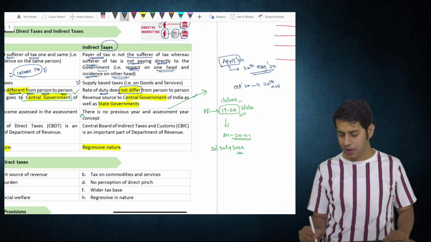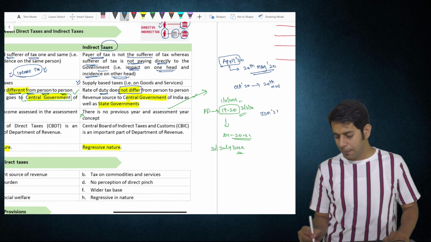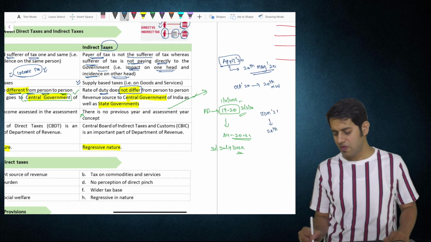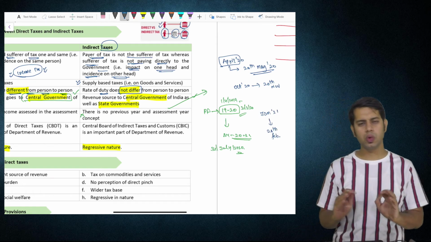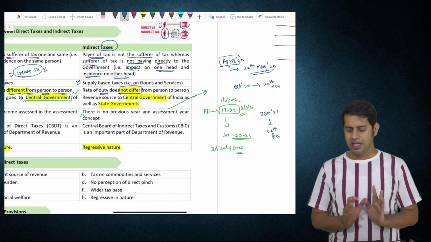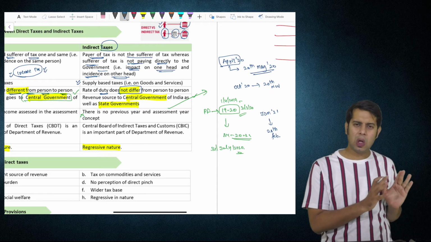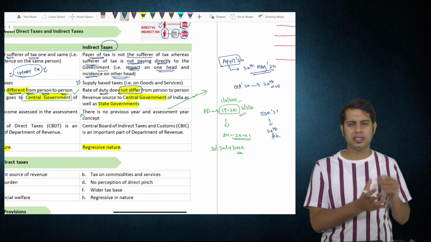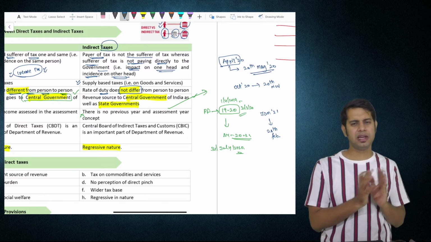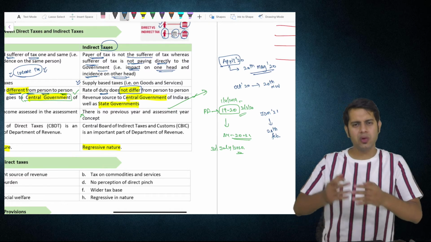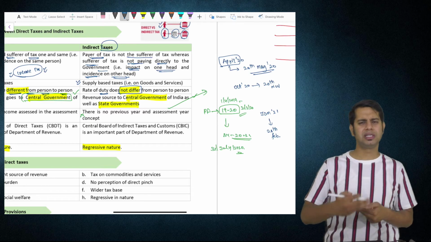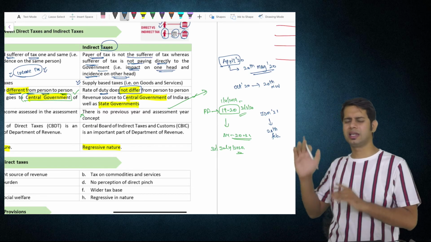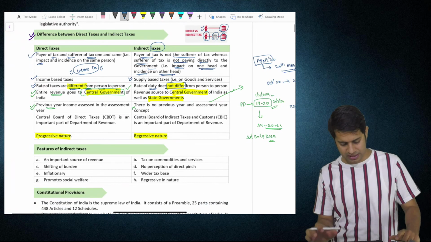Whatever sales is made by you in January 21, pay the tax to me by 20th of February. So under GST, it is not on a yearly basis. There is no concept of assessment year or previous year. Whatever supply is made by you, you will have to pay tax on an immediate basis, or there are different periods and due dates, etc. We'll see when we do that respective chapter.